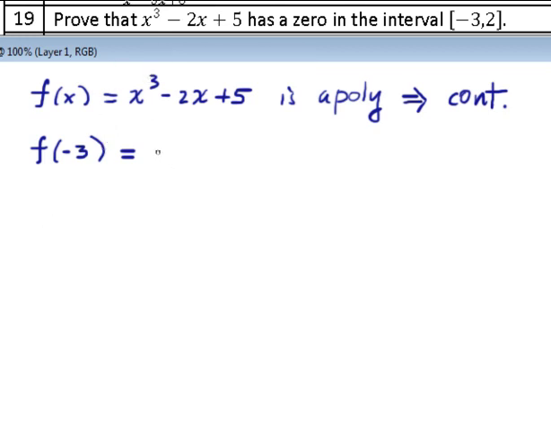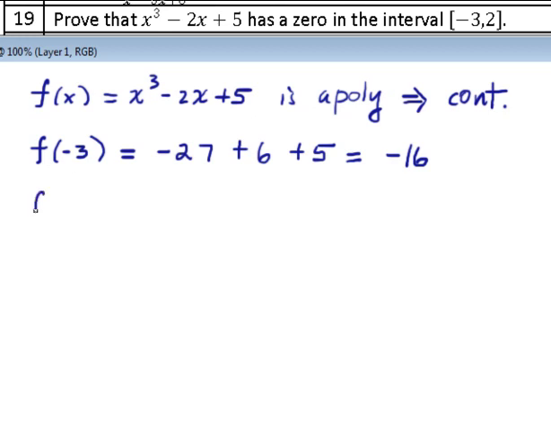So here we have minus 27 plus 6 plus 5. So this is minus 21 plus 5. Okay, so that minus 16 is the value that the function starts at the beginning of the interval.